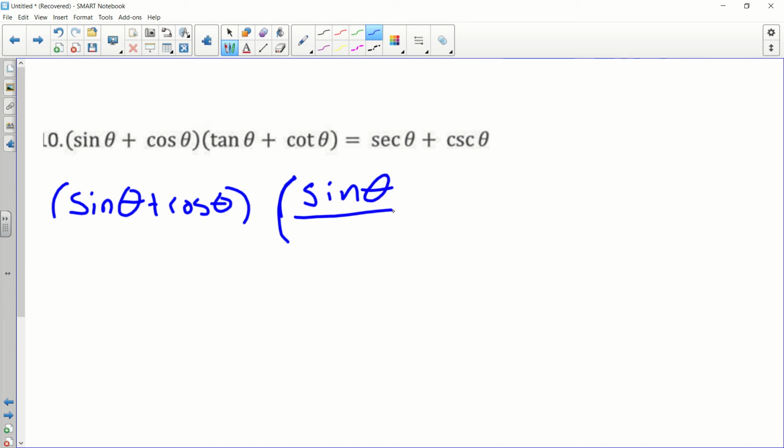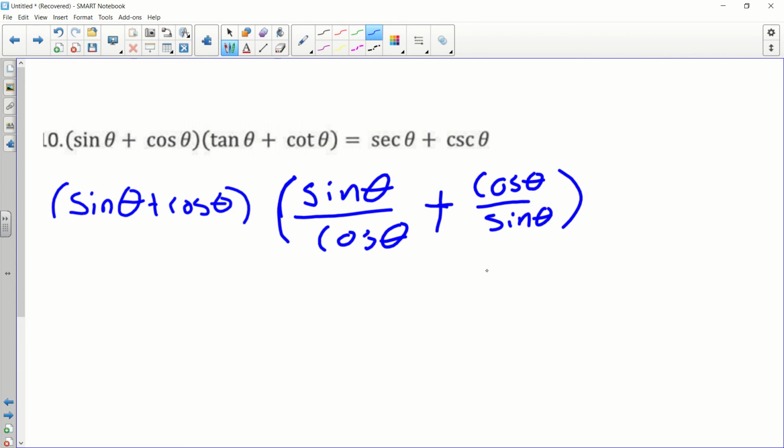So tangent is sine over cosine, and cotangent is cosine over sine. In order to combine these, I need a common denominator, and that common denominator is going to be sine times cosine.